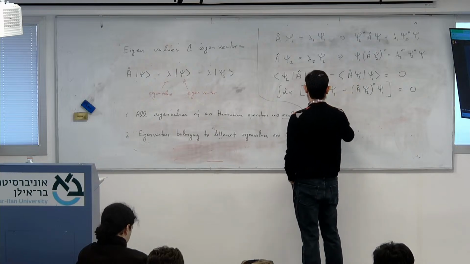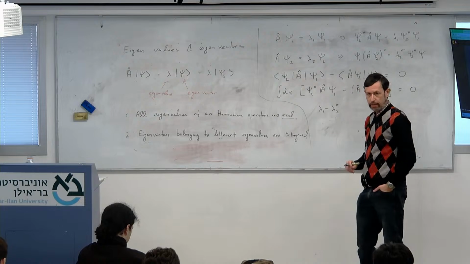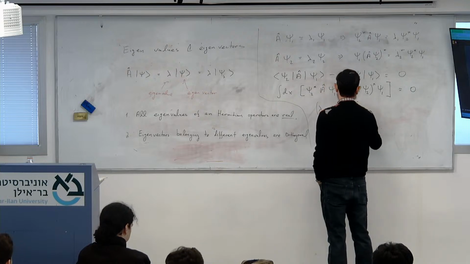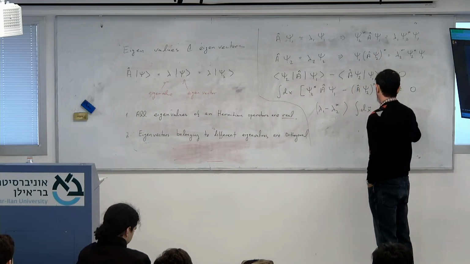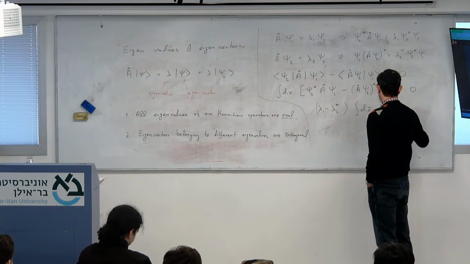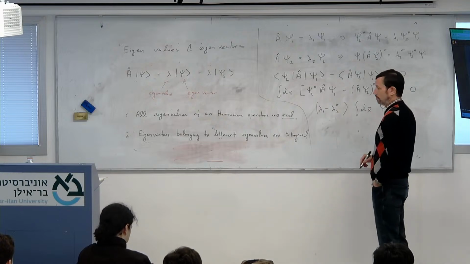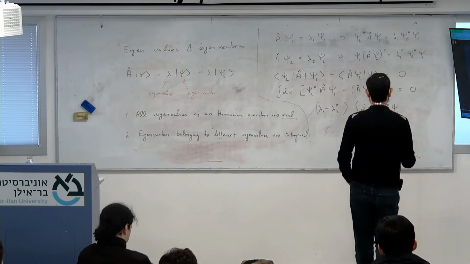We have lambda 1 minus lambda 2 complex conjugate, times the integral. That's just what's written there. And all this has to be equal to 0.